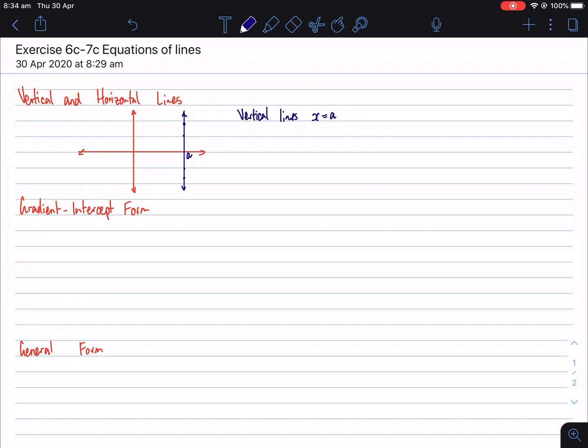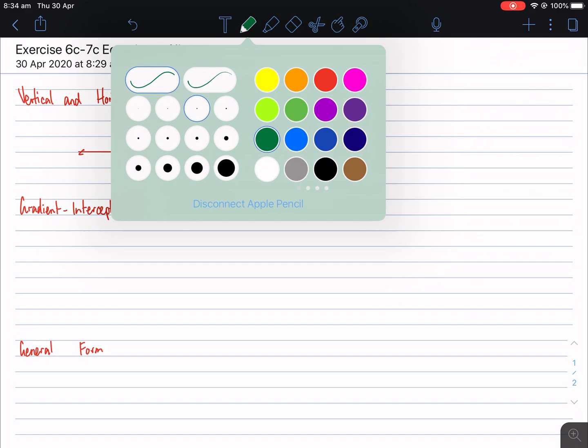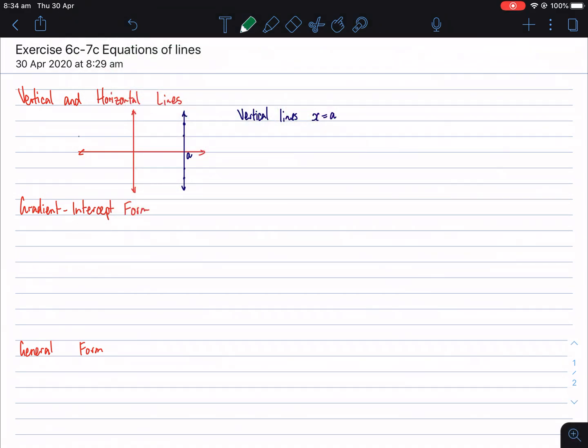For horizontal lines, green. Going along here, we have something fairly similar happening. Let's call this one B. Doesn't matter how far along you are, Y is always going to be B, yeah? And just for some extra information, what is the gradient of that horizontal line?